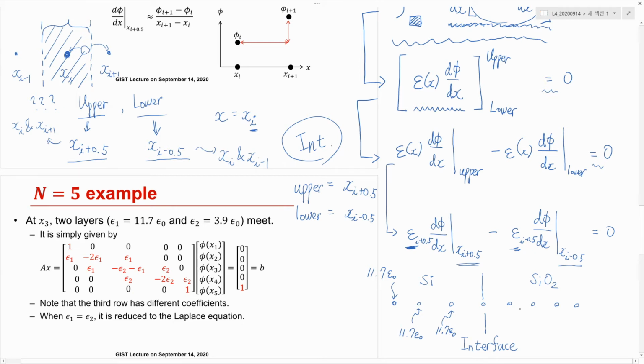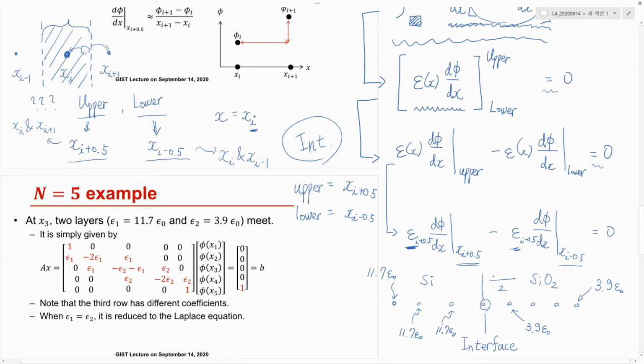Also, in the case of silicon dioxide positions, we can say this corresponds to 3.9 epsilon naught, and this one also 3.9 epsilon naught. Then what is the permittivity at this interface position? Is it 11.7 or 3.9 or just half and half?